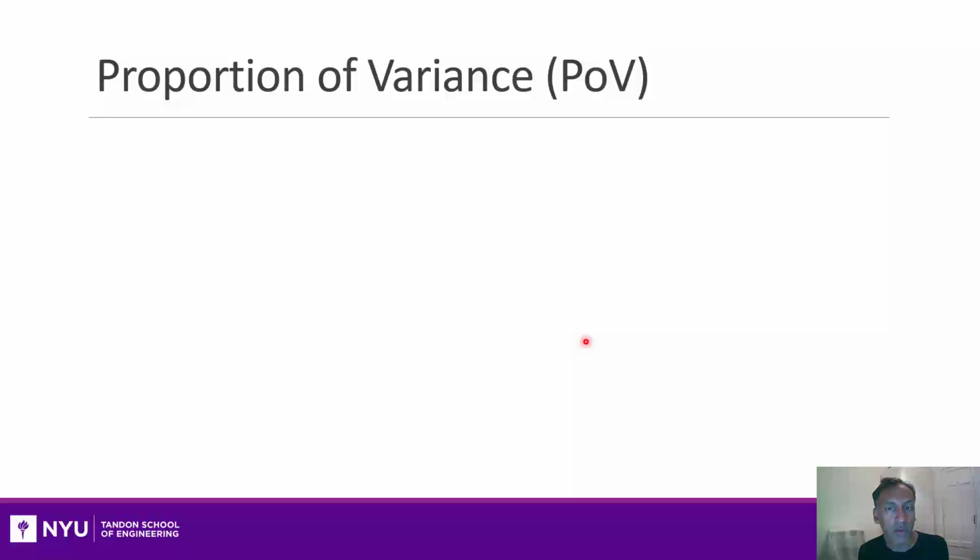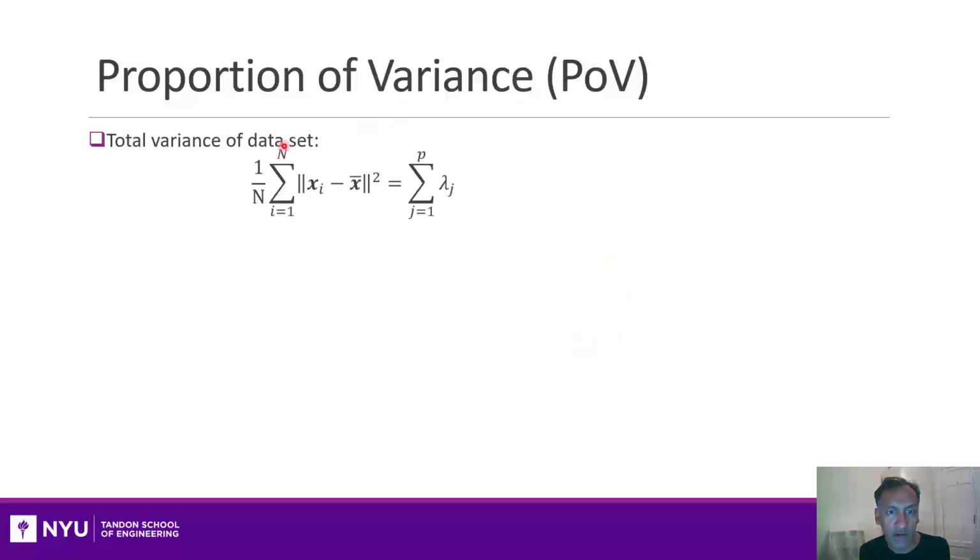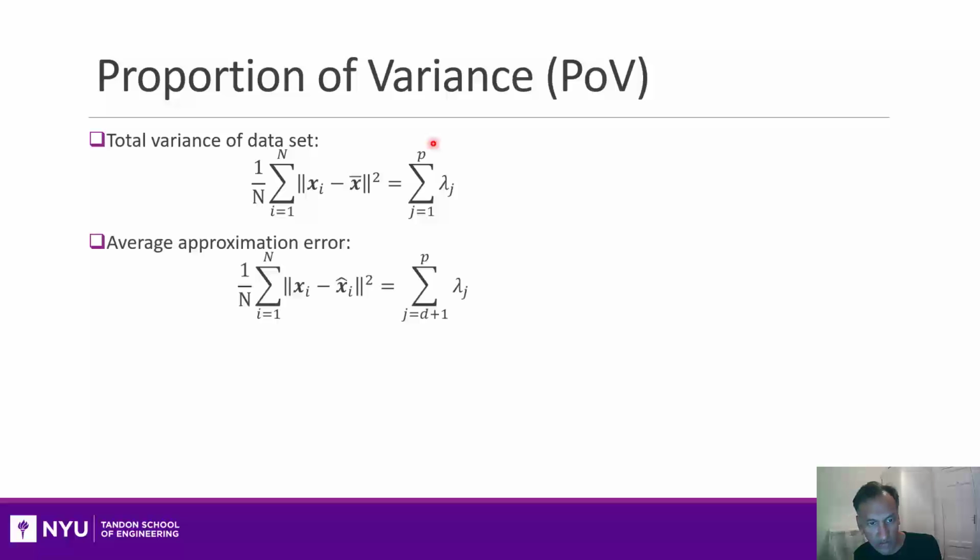So one way to think about this is what is called the proportion of variance. Now, the variance of the total data set, which is the average squared difference between x i and the mean, you can work out. It turns out to be the sum of all the eigenvalues. I'm not going to prove this, but it's not that hard to show. You just work it out with a sample covariance matrix and some simple linear algebra properties.